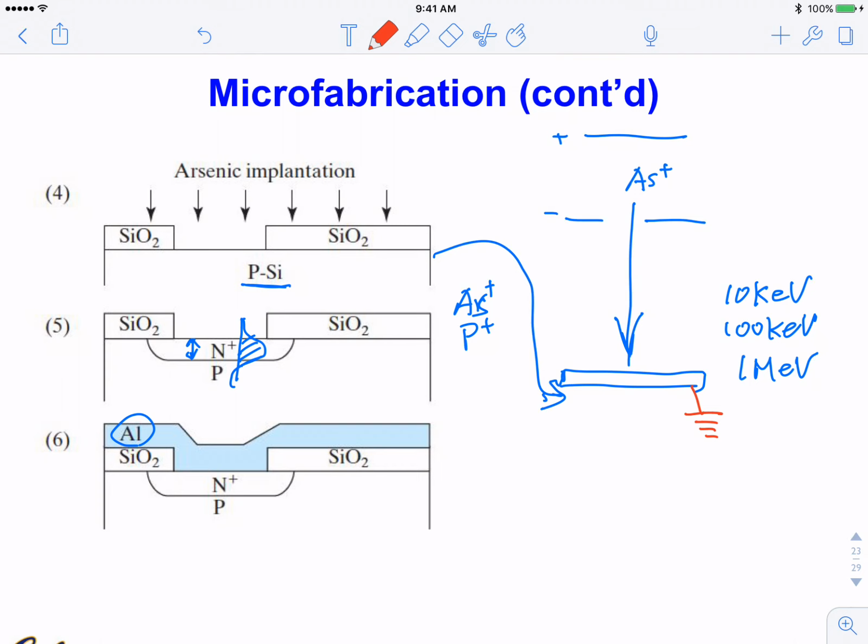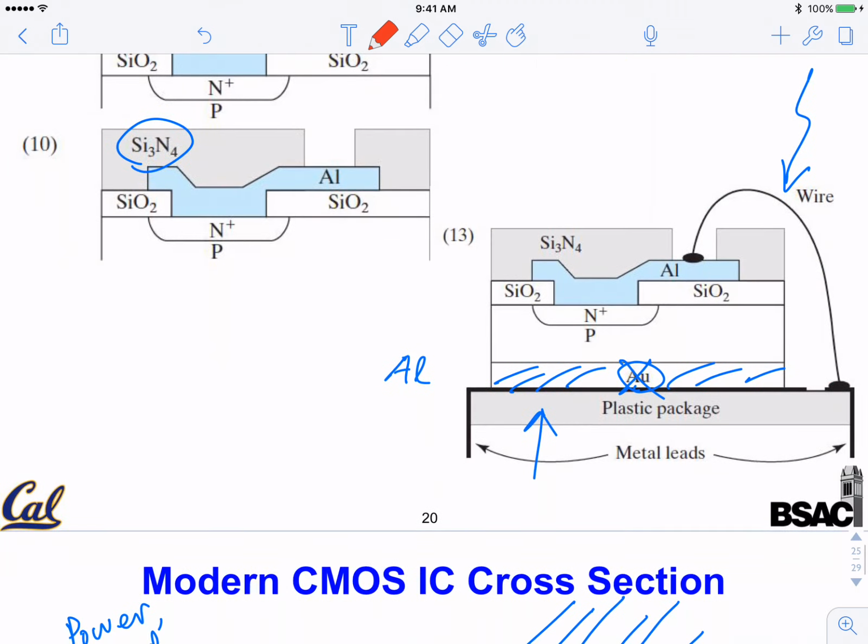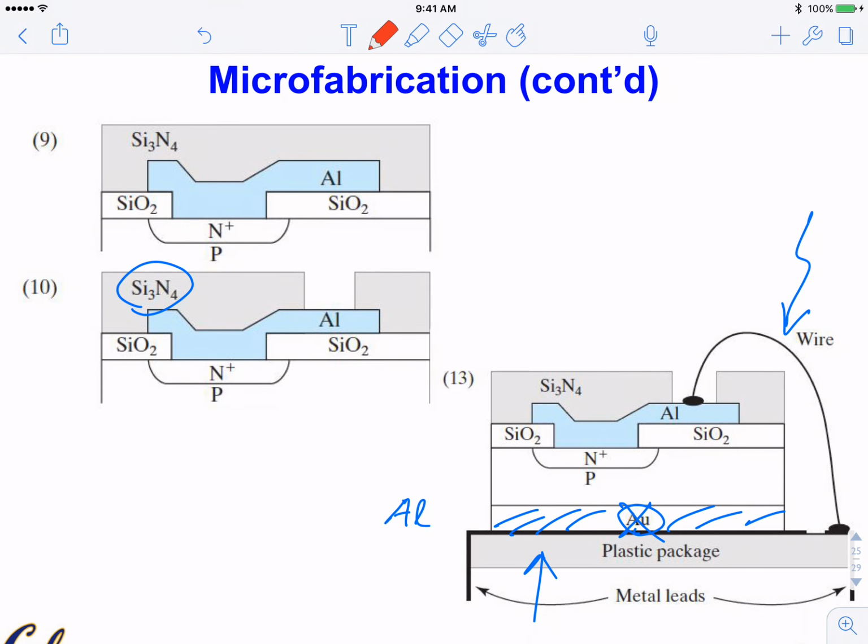Yes? On the last slide of the process where you were removing the silicon nitride, how would you remove that silicon nitride? So all the processes where, for example, you pattern the metal, or the silicon dioxide, or the silicon nitride, are done by a process called dry etching now.